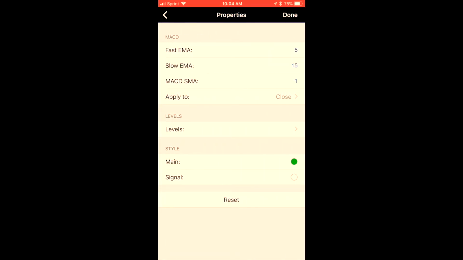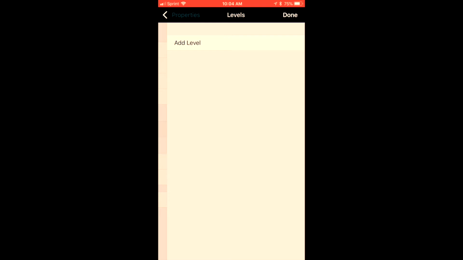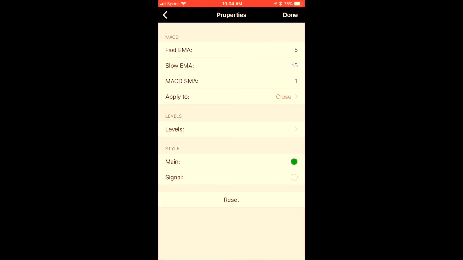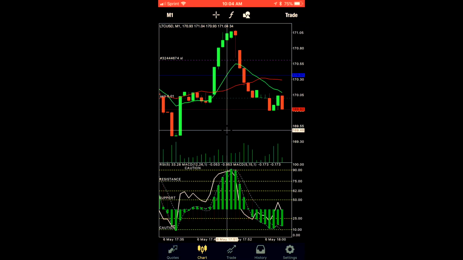The last MACD is set at a fast EMA of 5, a slow EMA of 15, the MACD SMA of 1, applied to the close, levels are 0. My main is green along with my signal white, okay? This just allows me to see it better.